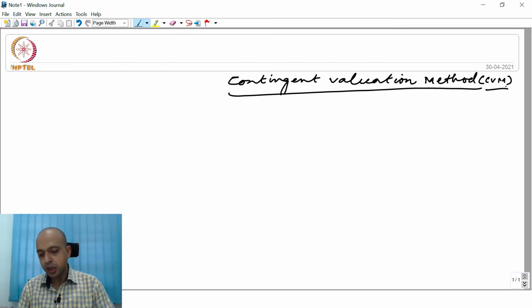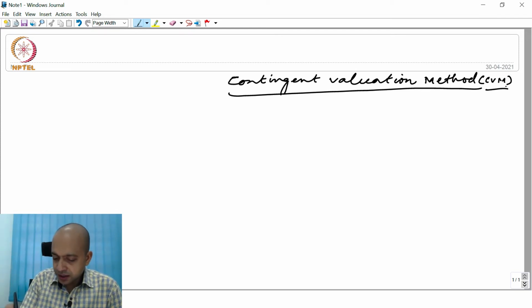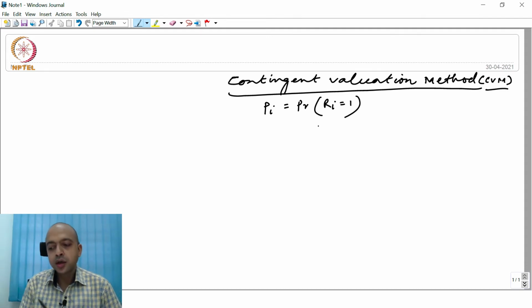goods and services. So basically yesterday, if you recall, we said that Pi is equal to the probability that Ri equals 1, right? What is Ri? Ri is the response function.